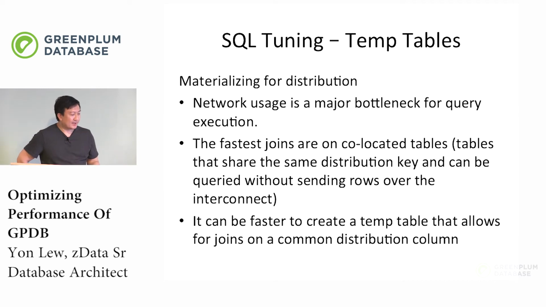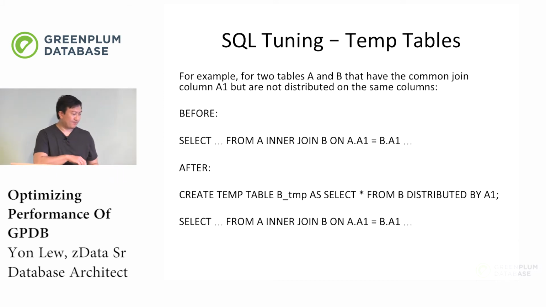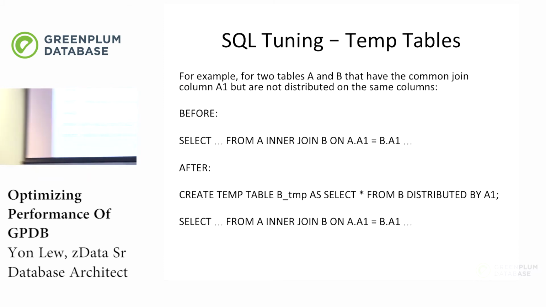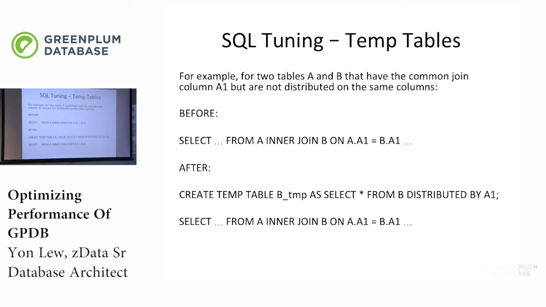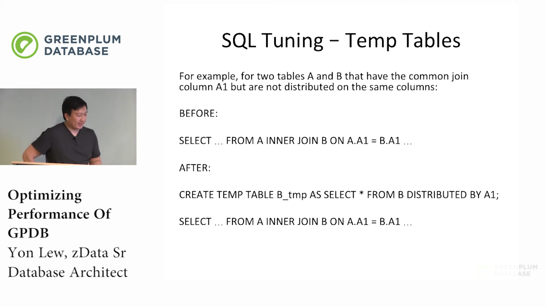So surprisingly enough, it can actually be faster to create a temp table that allows for joins on a common distribution column, in other words, that allows for co-location, rather than just joining those tables across the interconnect. And the next slide is actually an example of that. So for example, we have an ETL process here where we're joining two tables, A and B. A and B share a common join column, but they're actually distributed on different keys.